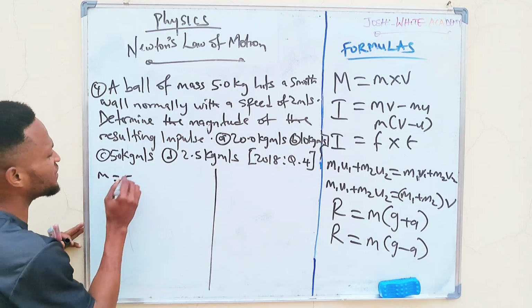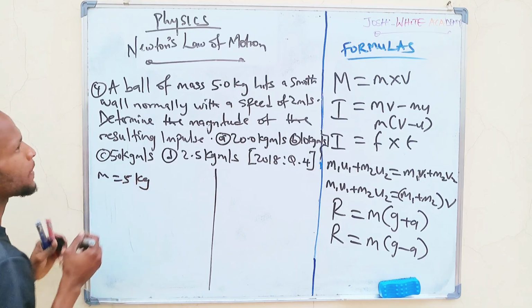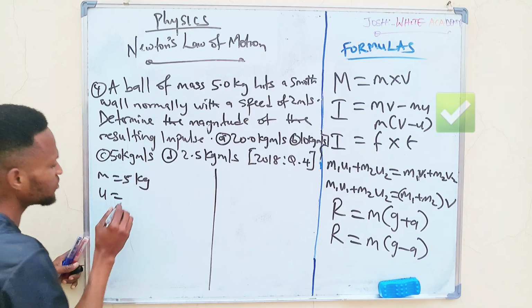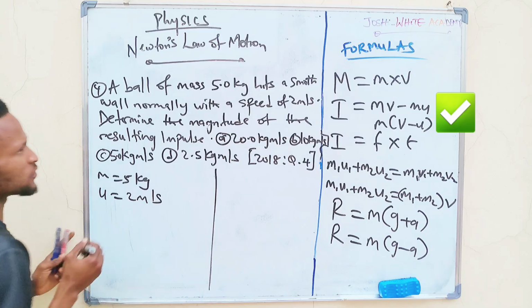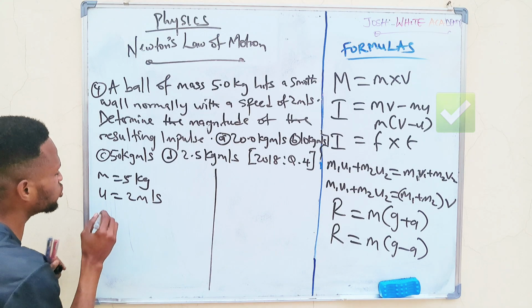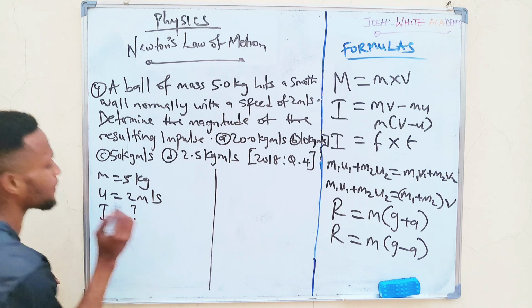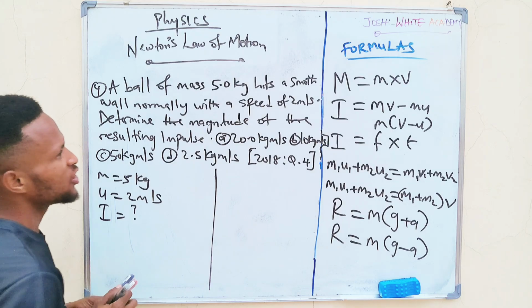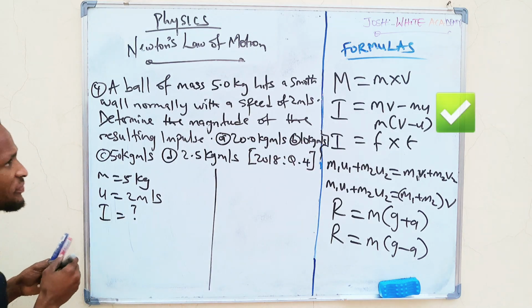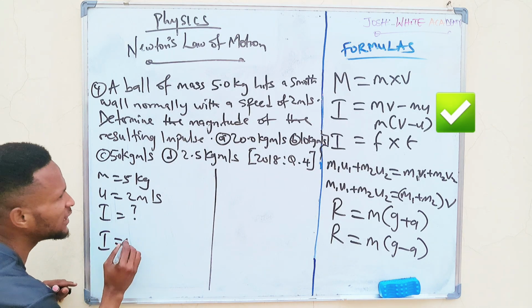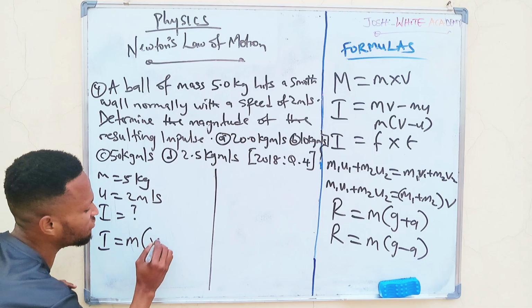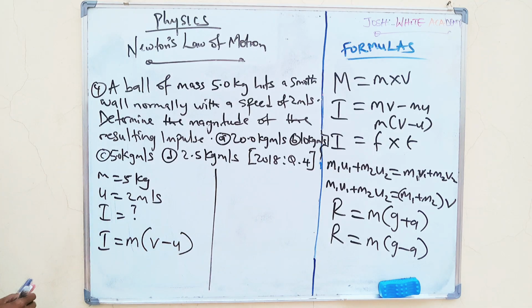Our mass is 5 kg. Our initial velocity is 2 meters per second. They are asking us to find our impulse. So our formula, our impulse is m open bracket v minus u.